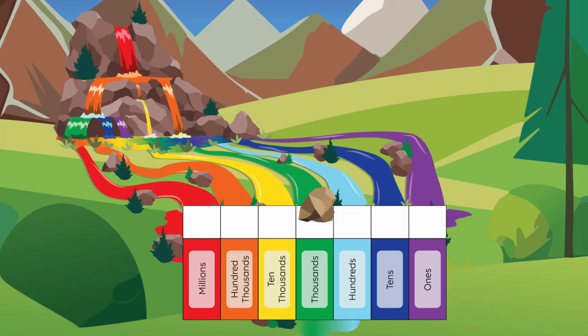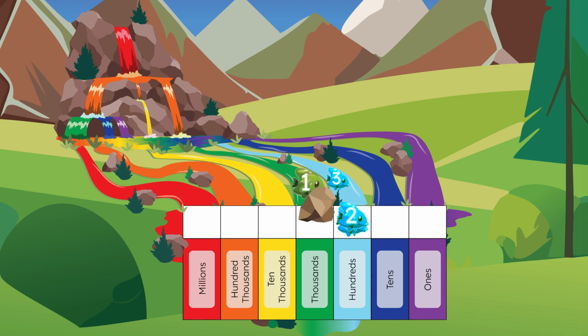Finally, let's use the power of the rainbow waterfalls to explore how flexible numbers can be. There are 1,300 fish coming down the falls, but it looks like there's a rock blocking the fall where the thousands can swim through. Let's help these little fish go through the hundreds stream.